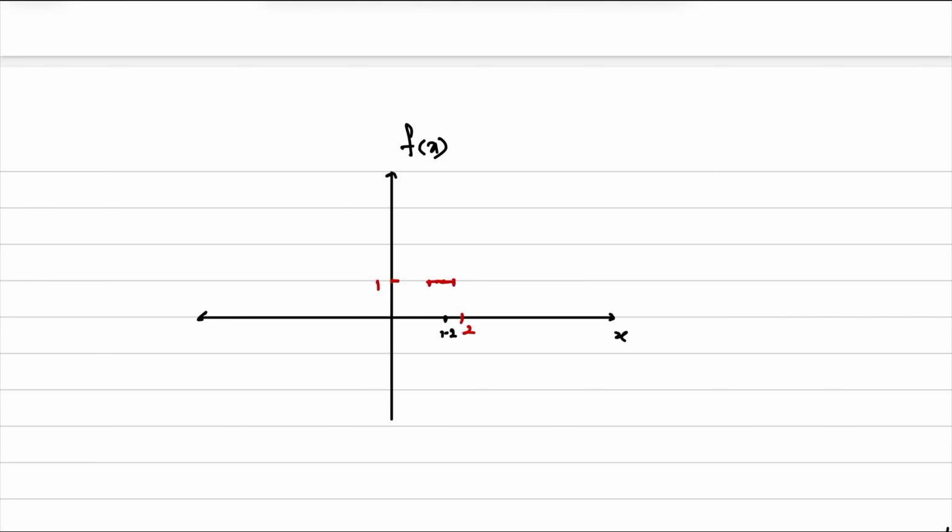Similarly, greater than or equal to 2 and less than 3, the function x will be 2.